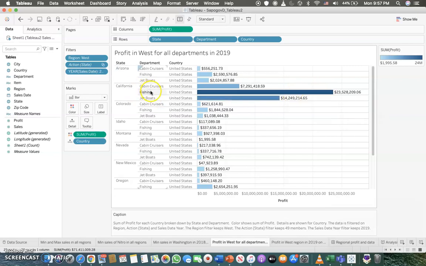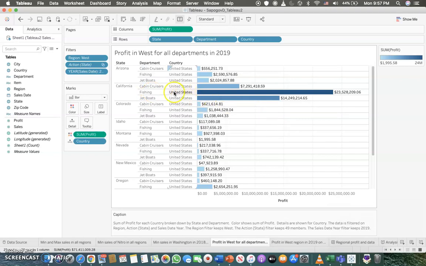Here in California we have fishing department, and they had a huge profit, $23,500,000 in fishing department in California.